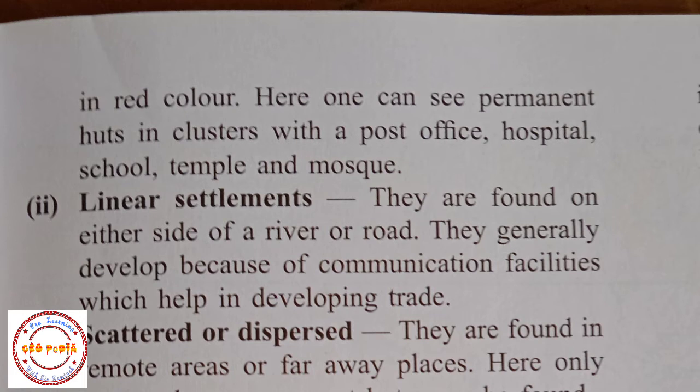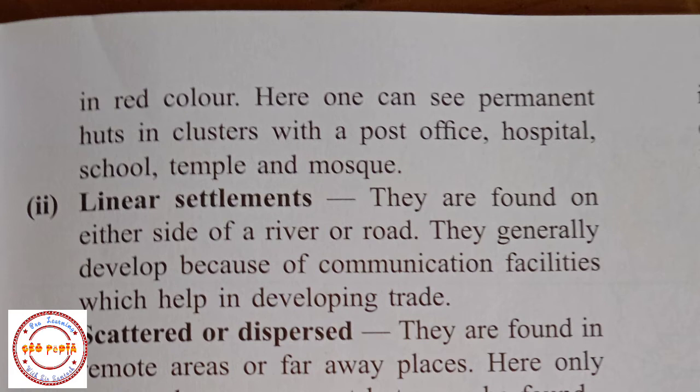Especially in this type of settlement, clustered or nucleated, there will be one or two important features like a post office, hospital, school, temple, mosque, church, or maybe a market. Around that important feature people live in clusters.